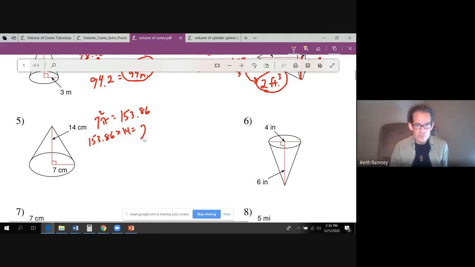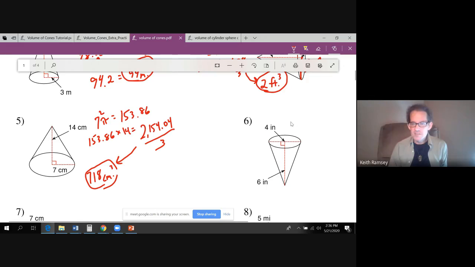And I got 2,154.04. Step 3 is divide that by 3. Gives you a volume of 718.01. Let's just round that to 718. 718 cubic centimeters should be your volume for number 5.